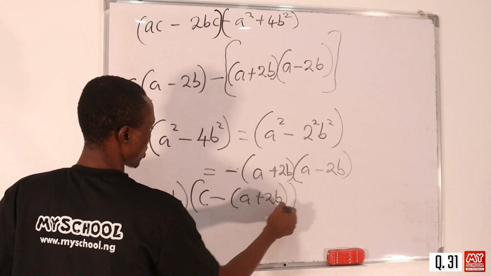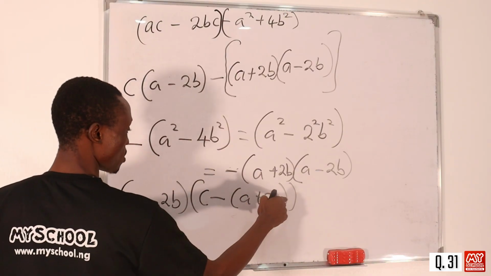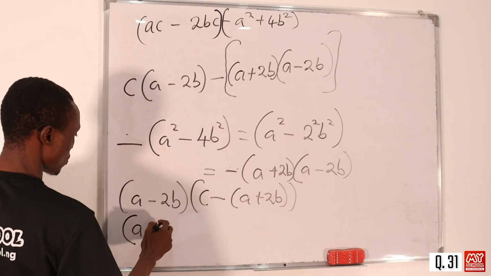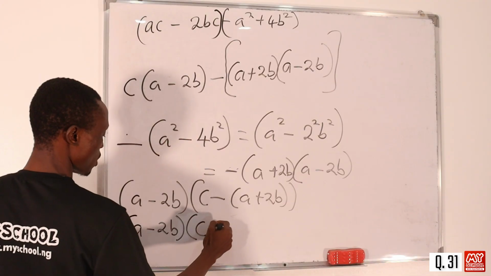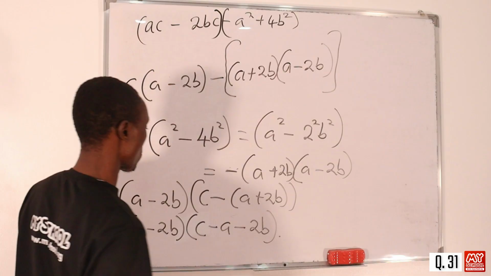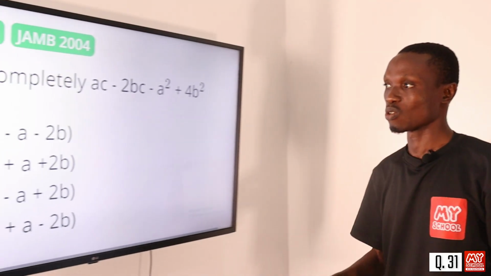Okay, so we can actually open this bracket by using minus 1, because of this minus here, to multiply everything inside the bracket, so that our final answer is now a minus 2b in bracket, then bracket c minus a minus 2b. Okay, so let's return back to the screen to pick the correct answer to this question, and that is option A.